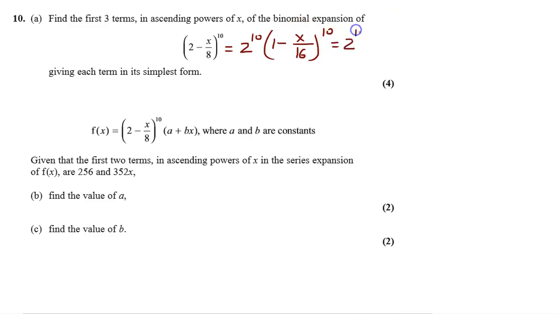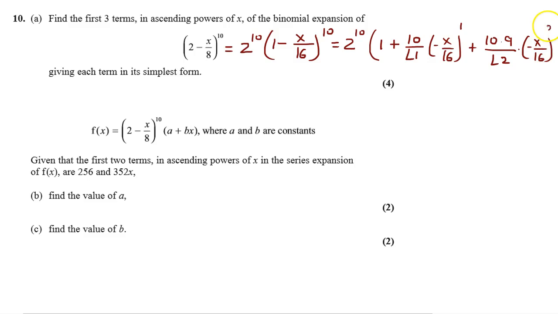So it is 2 to the power 10 times the first 3 terms: 1 plus 10 over factorial 1 times (minus x over 16) to the power 1, plus 10 multiply 9 over factorial 2 times (minus x over 16) to the power 2. So these are the first terms.